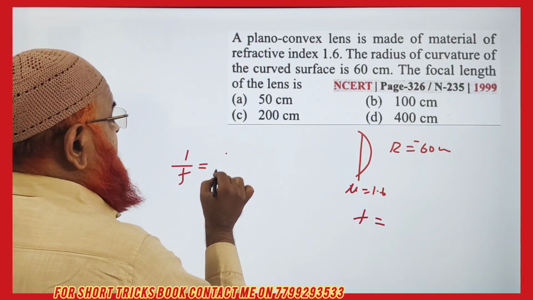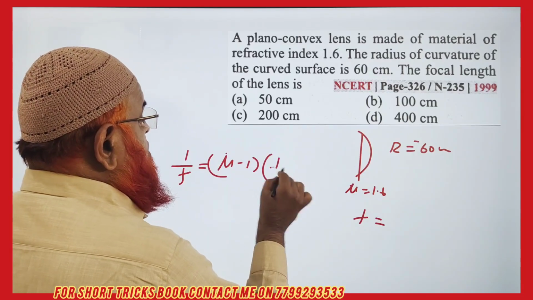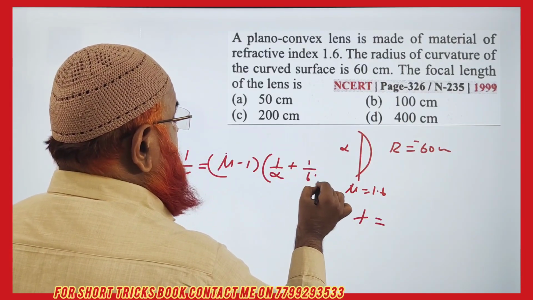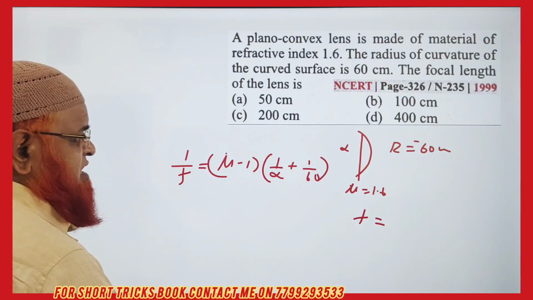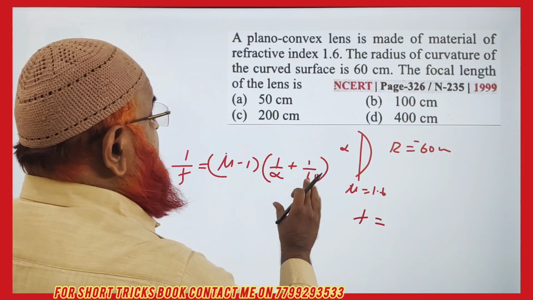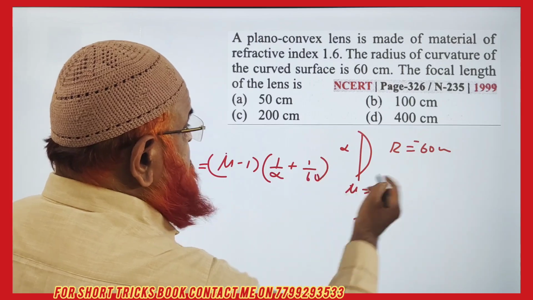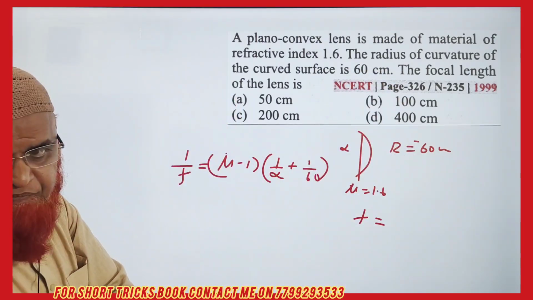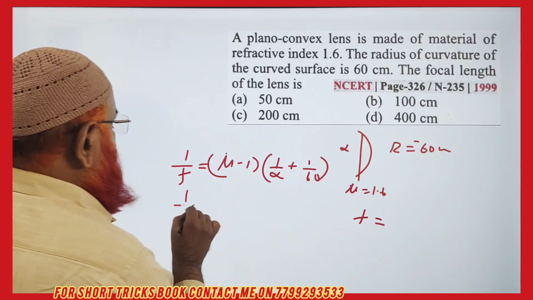So the lens maker's formula: 1 by f is equal to mu minus 1 into (1 by R1 minus 1 by R2). 1 by R1 is 1 by infinity, minus 1 by R2, and here R2 is minus, because the curvature is like this and the radius is on the left side. Minus of minus means plus 1 by 60.